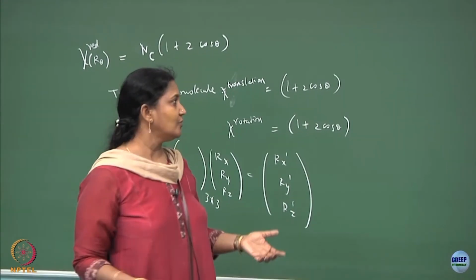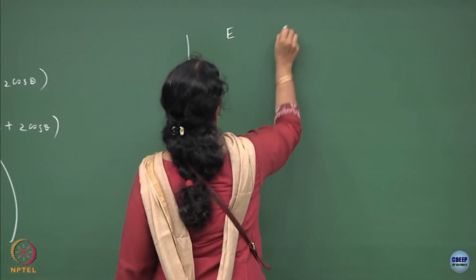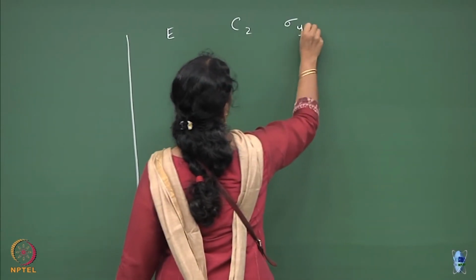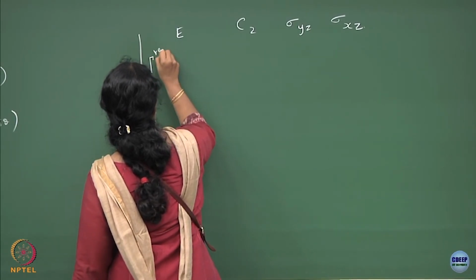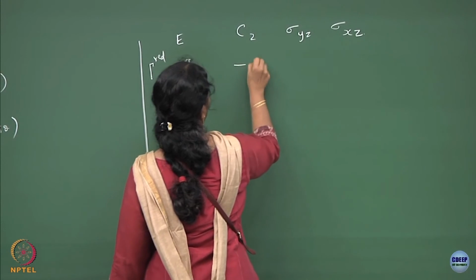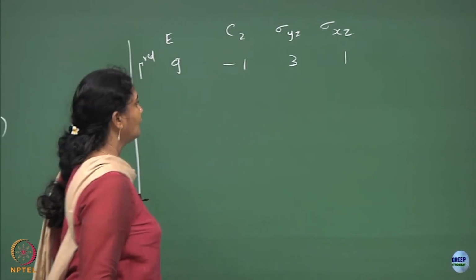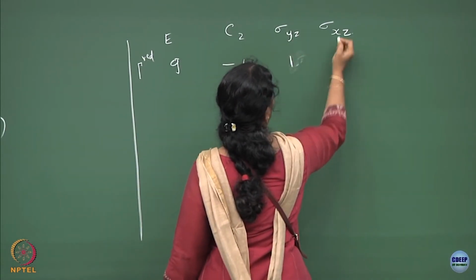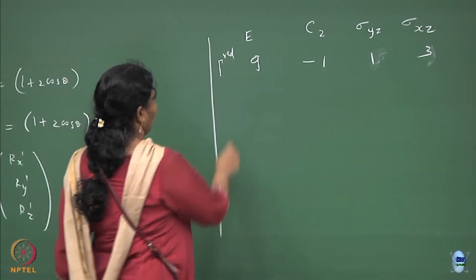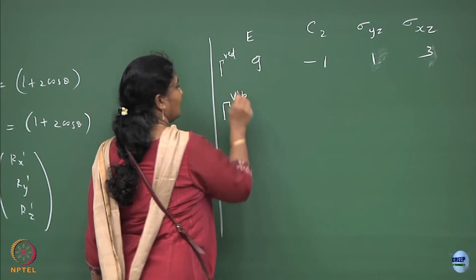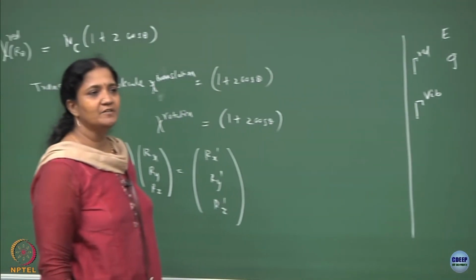So, instead of the earlier one where we wrote the gamma reducible as 9 minus 1, where one was 3 and the other one was 3, you could write the reducible representation for vibration alone.